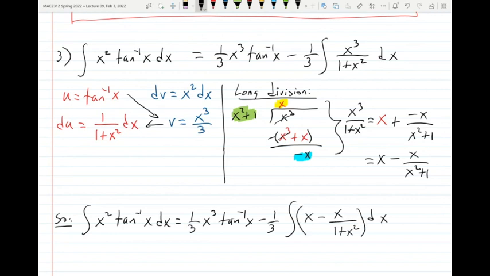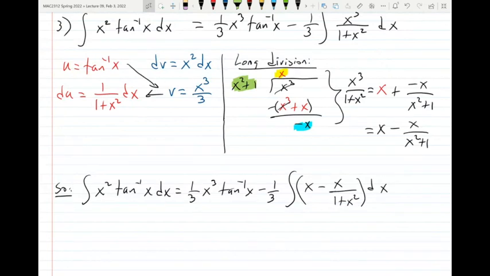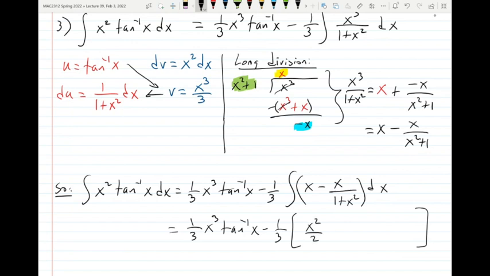I'm going to do that one with the little u sub. The first one is easy: the integral of x is x squared over 2. I'm going to distribute the negative 1 over 3. Let me just leave it like this.